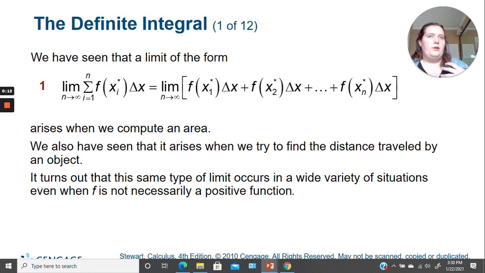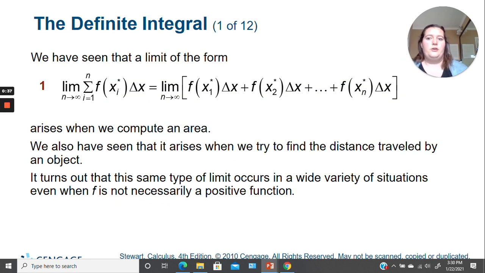What we learned before is that you can approximate the area under a curve by using the summation, where the summation talks about, as n goes towards infinity, and n is the number of rectangles that we're looking at. So as you get more and more rectangles, that is the approximation of your area.